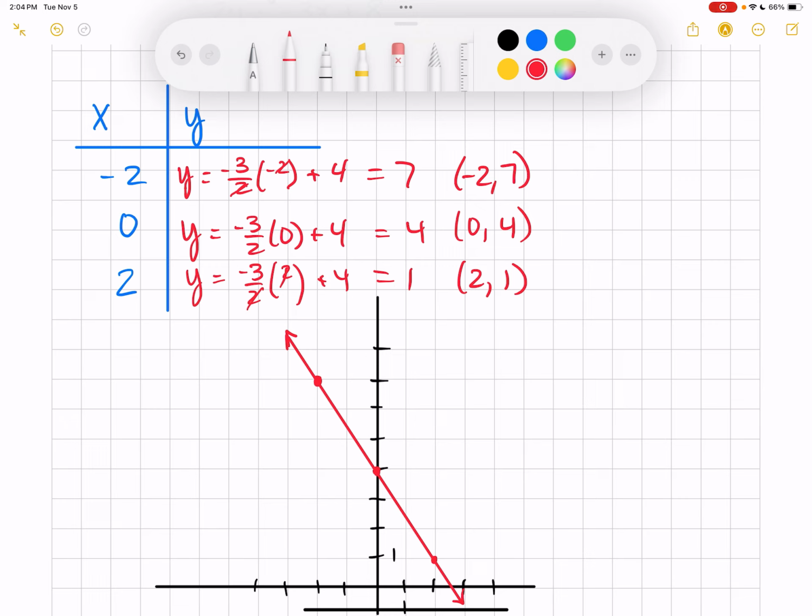Oh, okay, hold on. This should be a +1, not a -1. This one's right. -6. That's right. That looks right though.